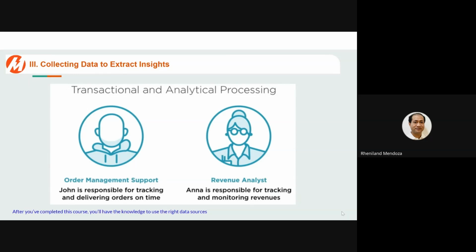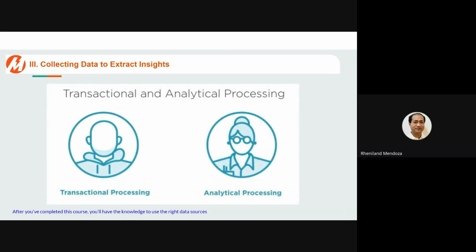Here is where the differences lie in how we process data. John will perform what we call transactional processing of data, and Anna will require analytical processing.